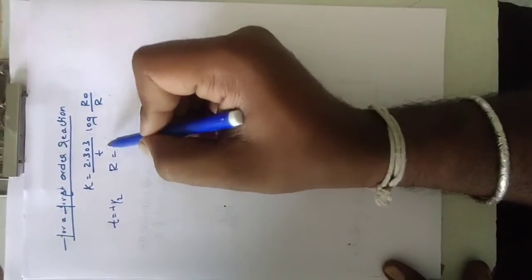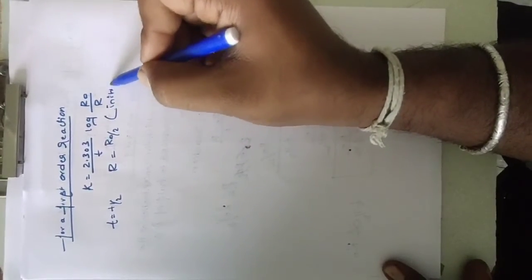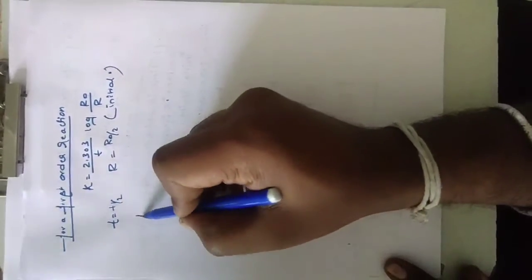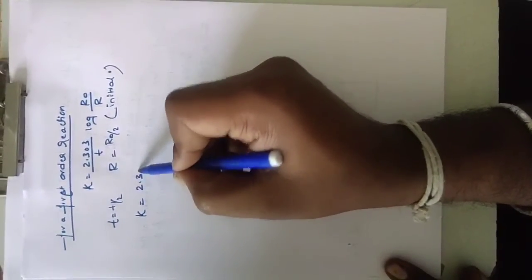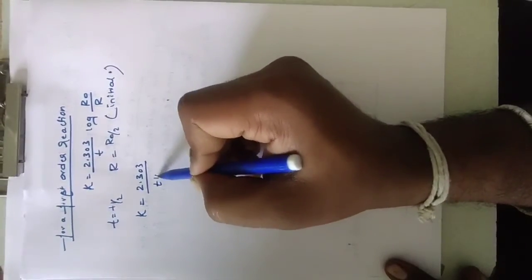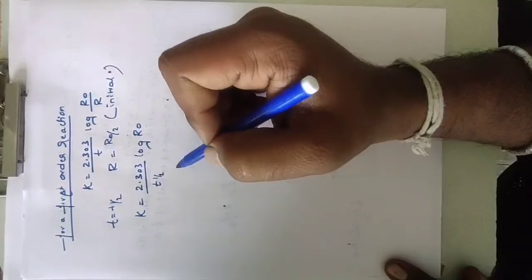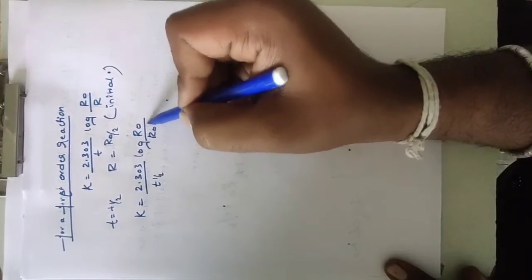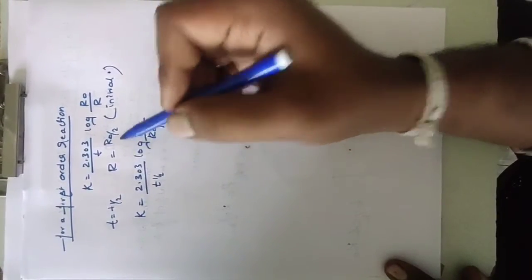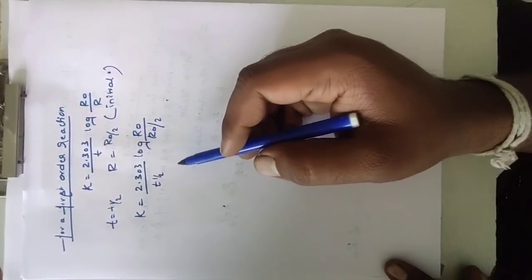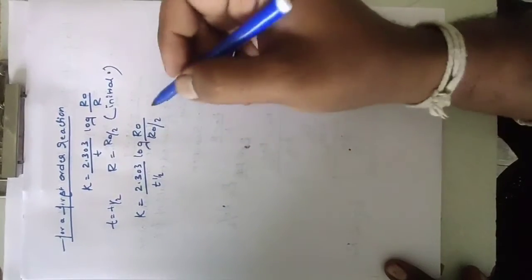Similarly, t becomes t of and r becomes r naught by 2, because it is the initial concentration. Then k = 2.303 by t of log r naught by (r naught by 2).